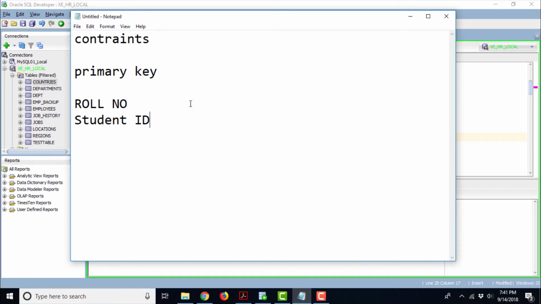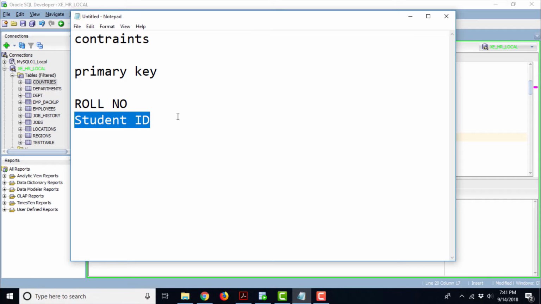If you are studying in a school, you will be assigned a roll number, and if you are studying in a higher education institution like a senior college, a technical college or a university, then you will be assigned a student ID.